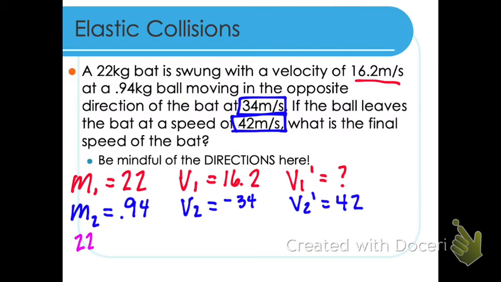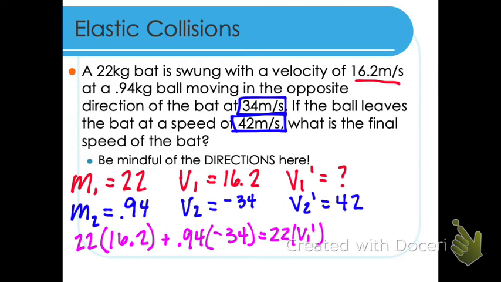So 22 times 16.2 plus 0.94 times negative 34 equals 22 times V1 prime plus 0.94 times 42. All right, so let's run the math on the left side here.